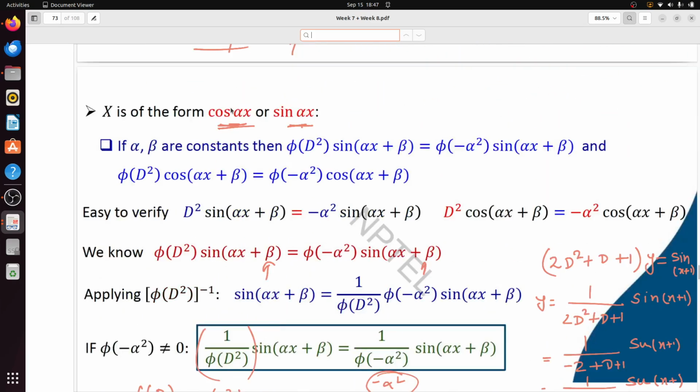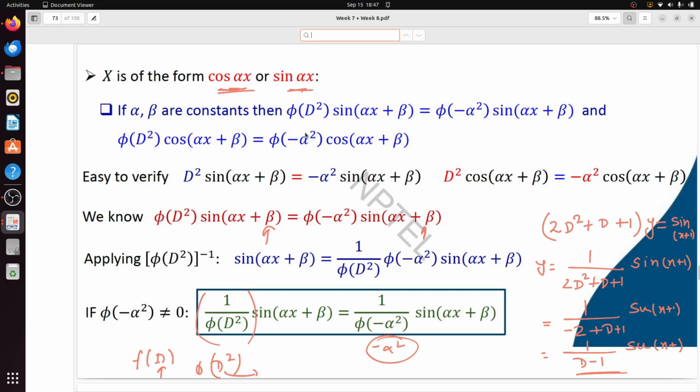Now if the function is of the form cos ax or sin ax, and you have phi of D square, and phi of minus alpha square is not equal to 0, then 1 by phi(D square), instead of D square you put minus alpha square.